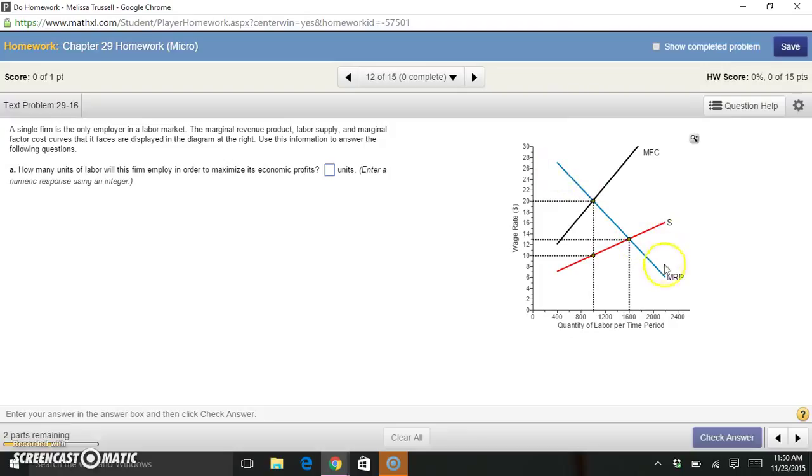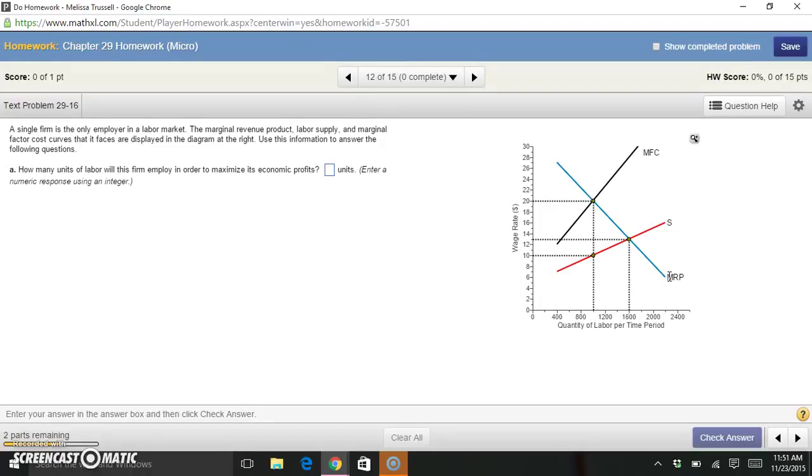Similarly, we have the marginal revenue product curve, which for the labor market is analogous to the marginal revenue curve in our product markets. Remember, the definition of this is just the additional revenue you get from hiring one more worker. That's the same thing as marginal revenue, where we talked about the additional revenue you get from making one more product. In this case, we're talking about workers, not products, but it's the same concept.